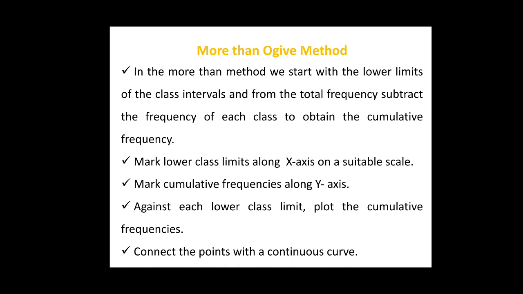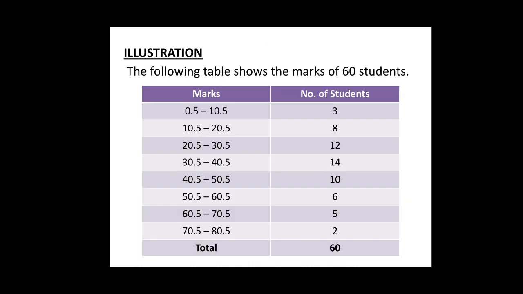In order to understand it in a better way, let us consider an example here. The data in the table shows the marks of 60 students, and we have to represent this data in the form of a more than ogive, or we can say greater than ogive or cumulative frequency curve. Students, in order to construct a more than ogive, what we have to do?